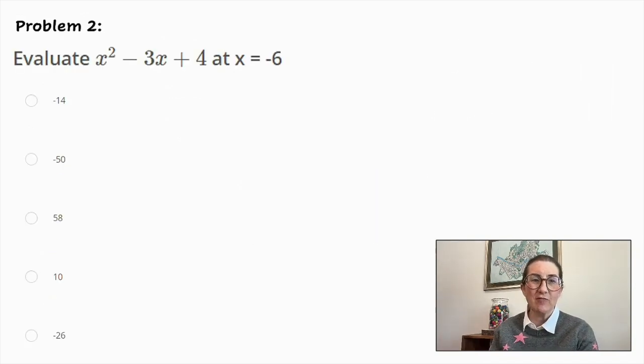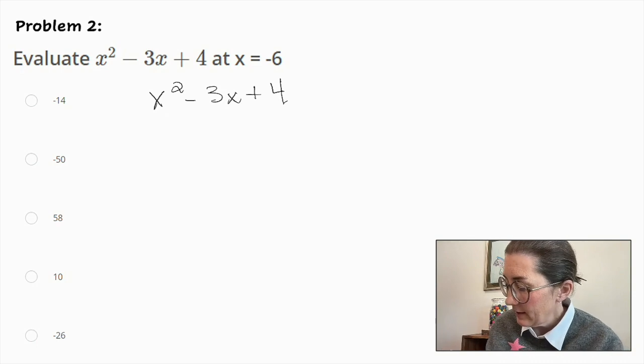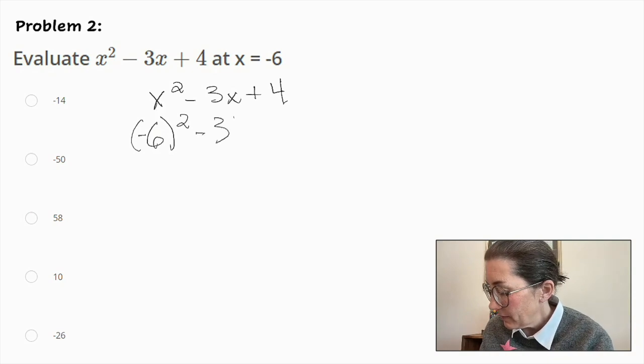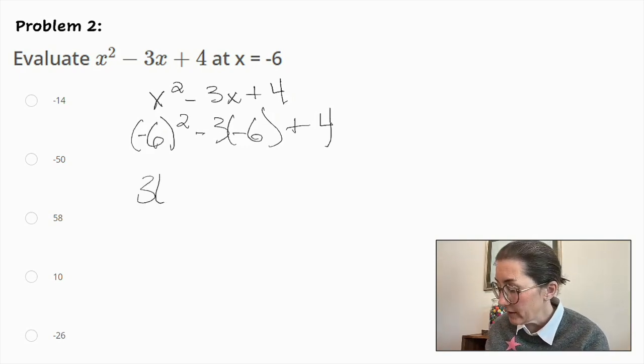Problem number 2. Evaluate x squared minus 3x plus 4 at x equals minus 6. X equals negative 6. So let's begin. X squared minus 3x plus 4. Now we are going to plug negative 6 in. Plus 4. So negative 6 squared is 36.